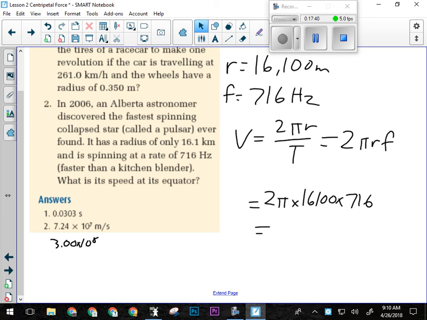It might not be possible to actually see it spinning at 716 hertz, right? Like a really good high-speed camera can take 240 frames per second, which means it would only catch it rotating 1 out of every 3 times. So yeah, it'd be hard to see.